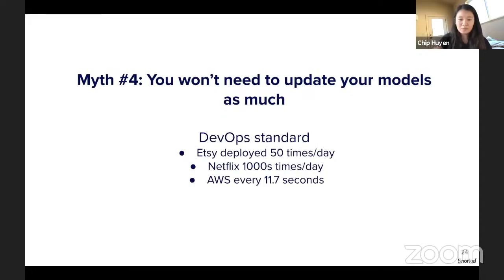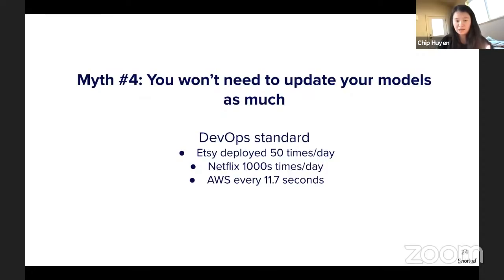I think this is one thing we can learn a lot from the DevOps world. These numbers are taken from 2015. One deploy means just one change made into production. It doesn't have to be for one feature, just general changes. So you can say that Etsy only deploys 50 times a day. Netflix deploys thousands of times a day.